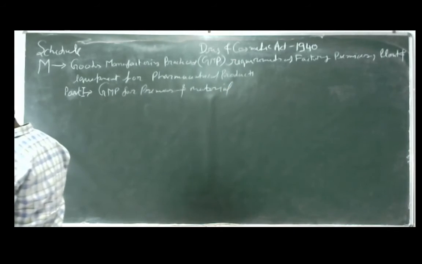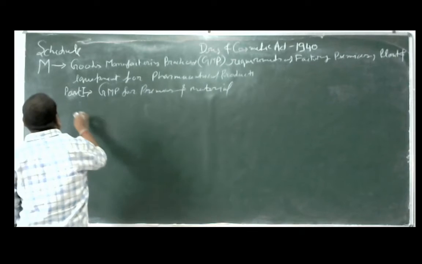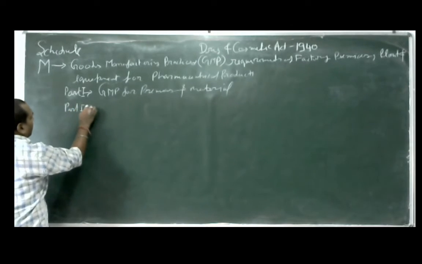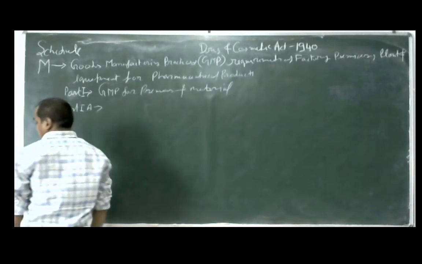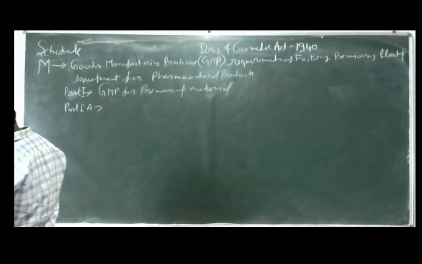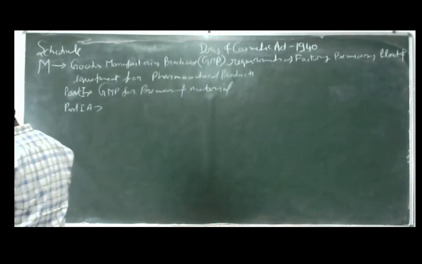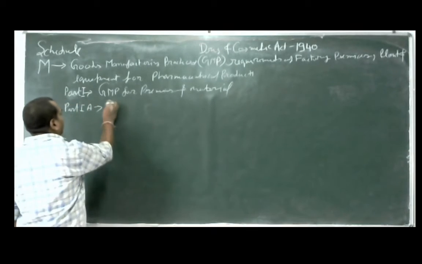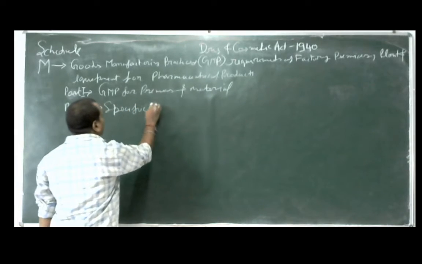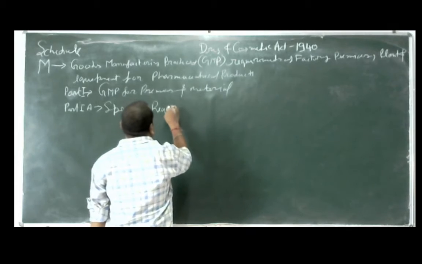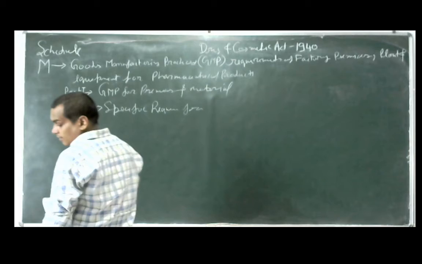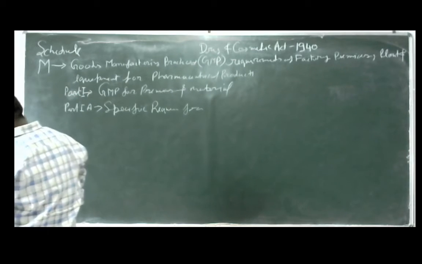The second one is Part 1A. Part 1A is specific requirements for manufacture of sterile products.